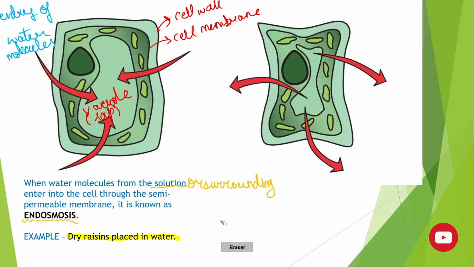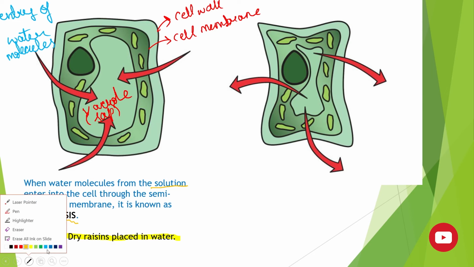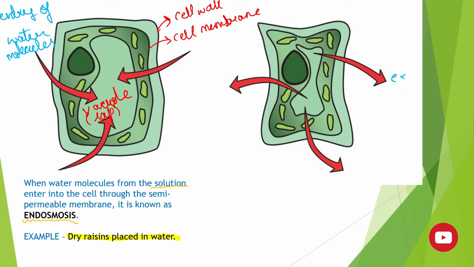Similarly, the exact opposite of endosmosis is exosmosis. This is the movement of water molecules outside the cell back into the surrounding. These arrows indicate the exit of water molecules.